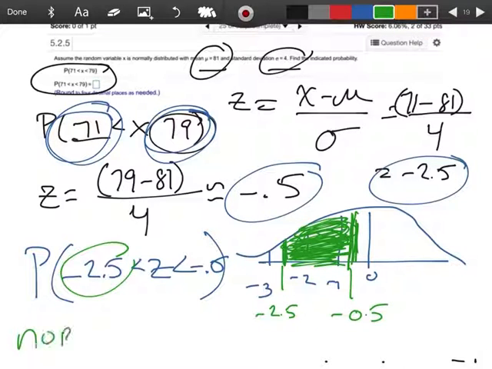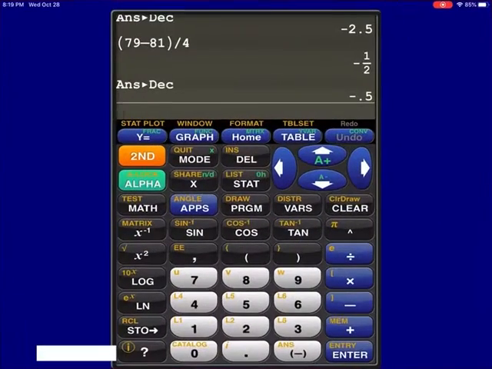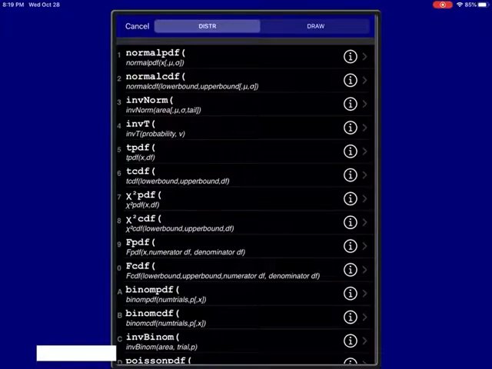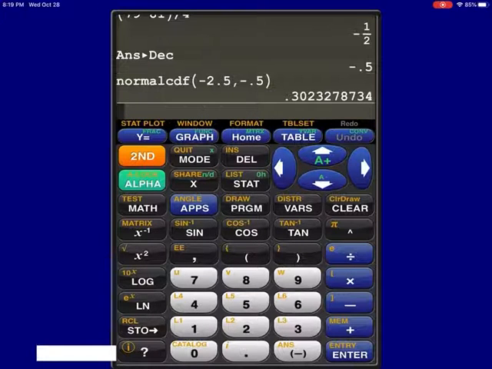Okay. So remember, my z value here was -2.5, and my z value here was -0.5. So I'm going to do the same thing we did a little while ago. I'm going to go normal CDF, and my lower value is going to be -2.5, and my upper value is going to be -0.5. So remember, on my calculator, I'm going to go second and then vars, normal CDF, -2.5, comma, -0.5, okay, and hit enter.